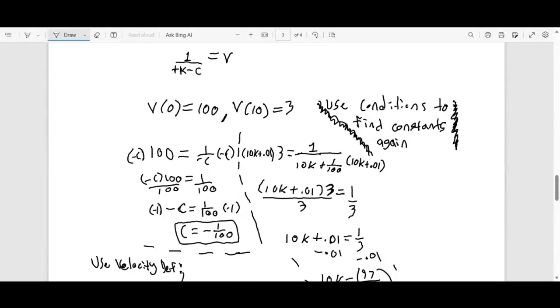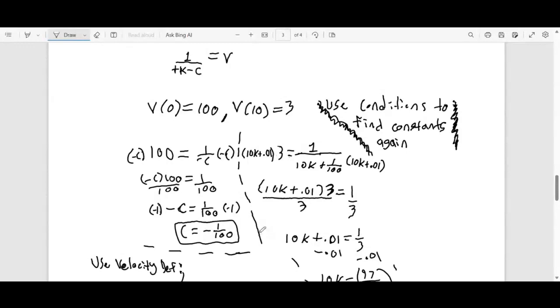Multiplied by negative c on both sides. Then you got 1 over 100. Divide by 100 on the left side and on the right side. And then keep on going down, and you multiply by negative 1 because you want to make that c positive.